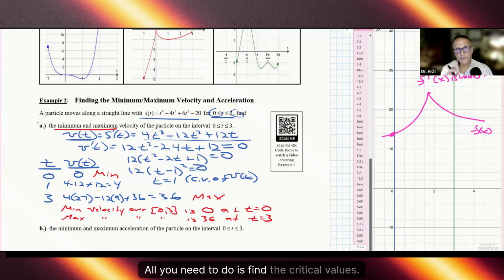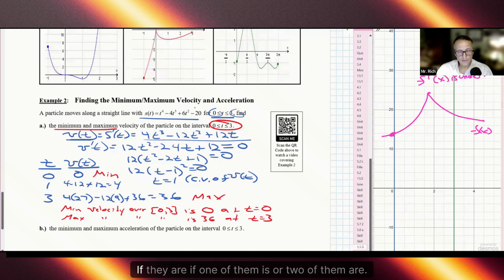All you need to do is find the critical values, make sure that the critical values that you found are within the interval, in this case between 0 and 3. If one of them is, or two of them are, however many critical values are within the interval, those get added to your candidates list. And then, of course, your candidates are also going to include the endpoints of your closed interval. And then you evaluate your original function at all of those candidates and find your lowest and highest.